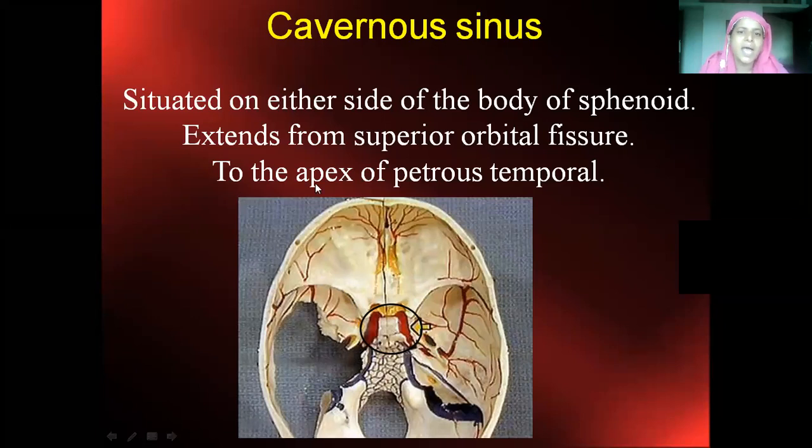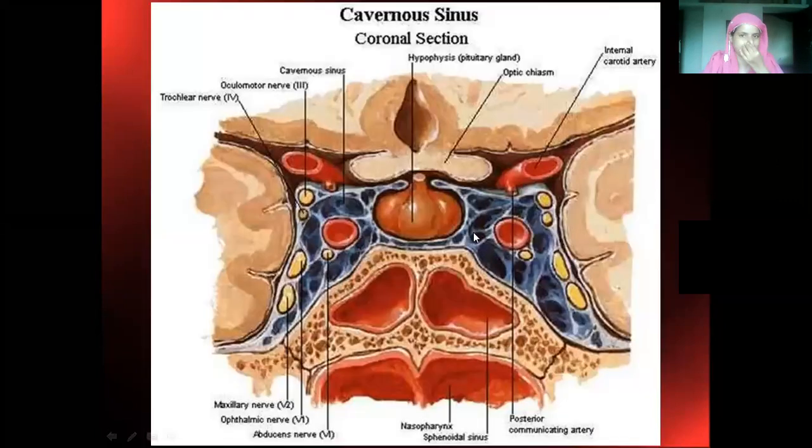This point is the apex of the petrous part of the temporal bone. So we are seeing two boundaries now: anteriorly the superior orbital fissure, posteriorly the apex of the petrous temporal bone. Now let us see the relations. This is the cavernous sinus, right cavernous sinus, left cavernous sinus.